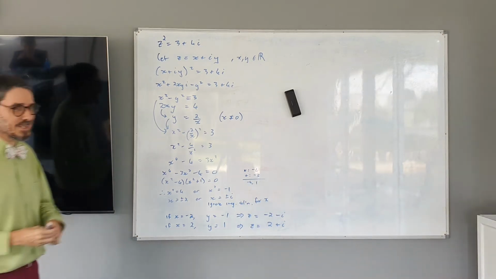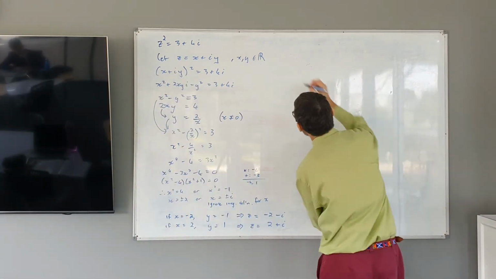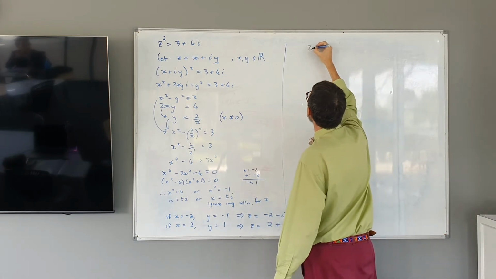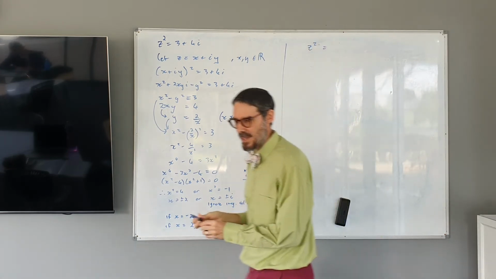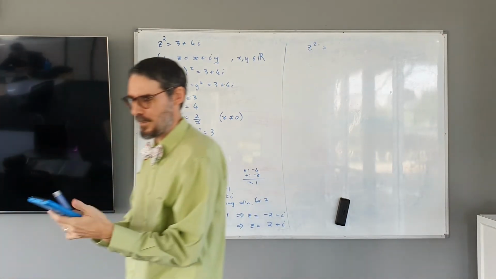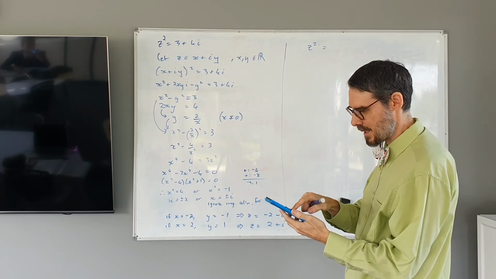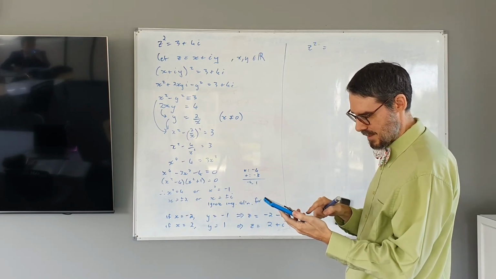Shall we do another one for practice? Okay. Problem is, you might end up with a disgusting answer unless I borrow someone's calculator. So I'm going to pick a number and square it.